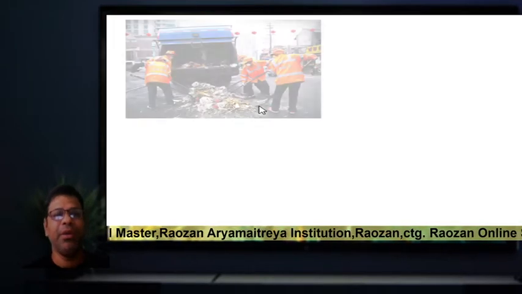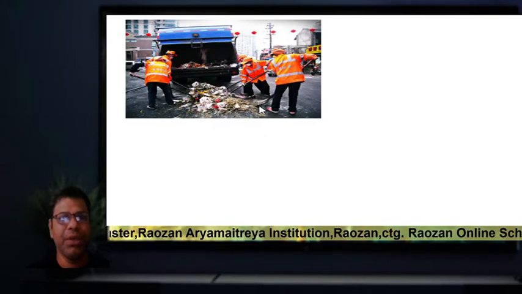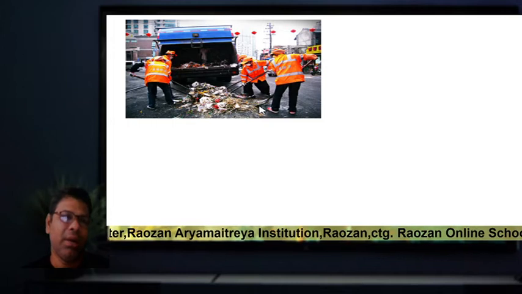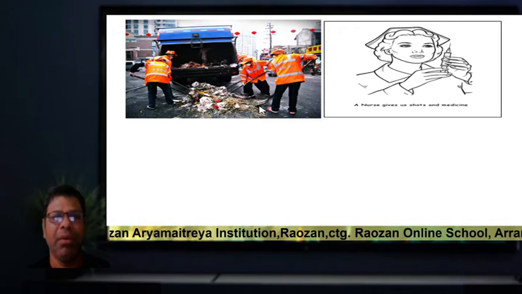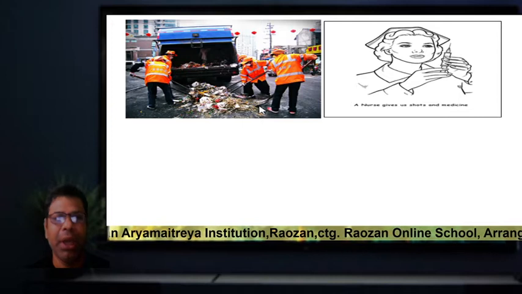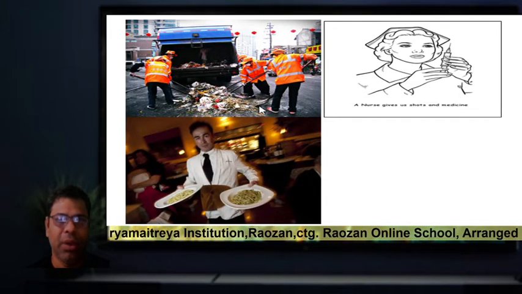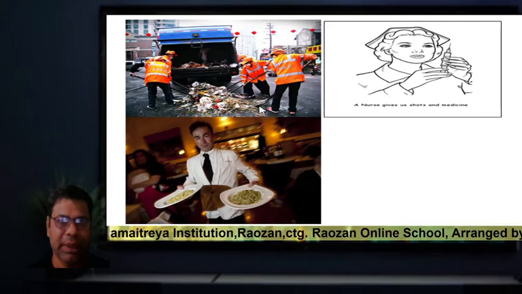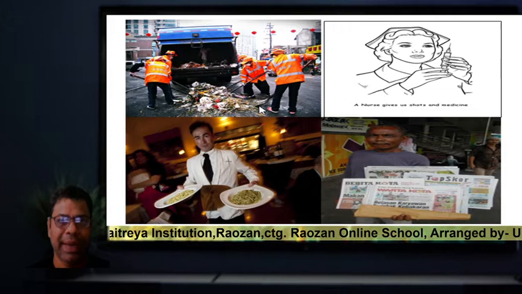Okay, dear students, first look at the pictures. What can you see? Some people are putting their dump into the bin, and this is a nurse. She is giving an injection to the patient, and he is a waiter, a person who serves the people in a hotel, and this is a hawker who sells newspapers.